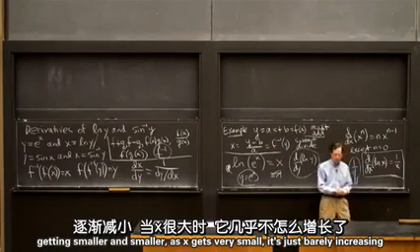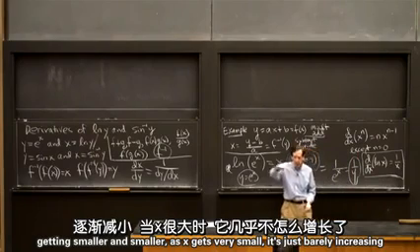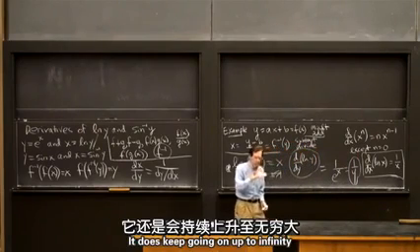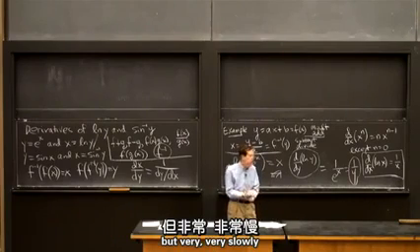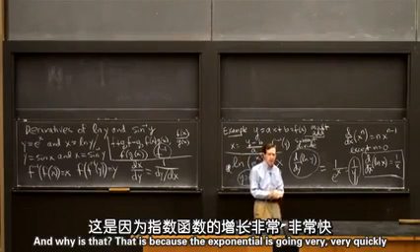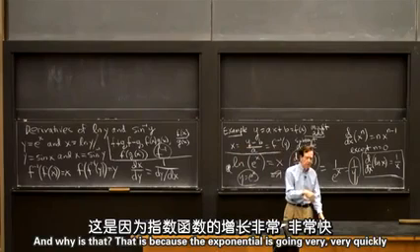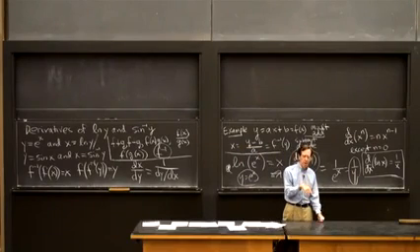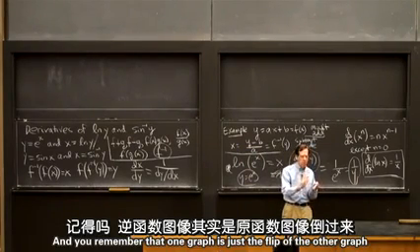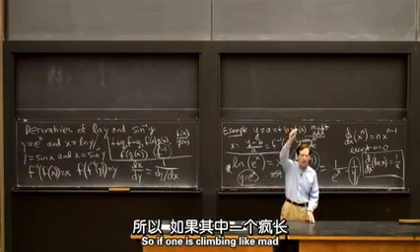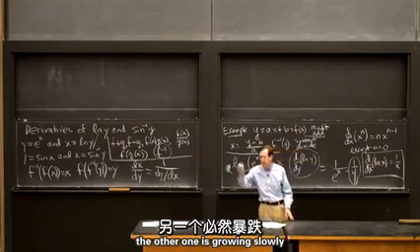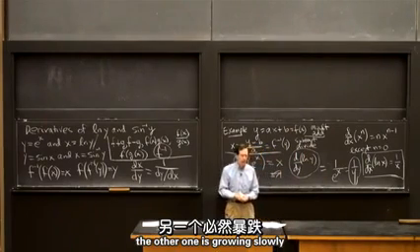As x gets very large, it's just barely increasing. It does keep going on up to infinity, but very, very slowly. And why is that? That's because the exponential is going very, very quickly. And you remember that one graph is just the flip of the other graph, so if one is climbing like mad, the other one is growing slowly.